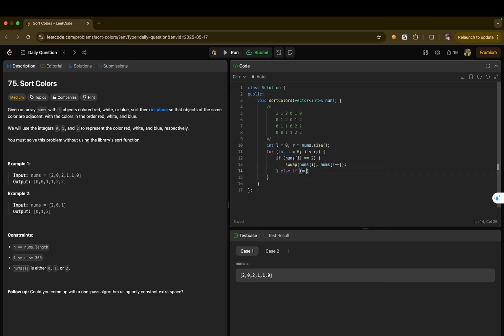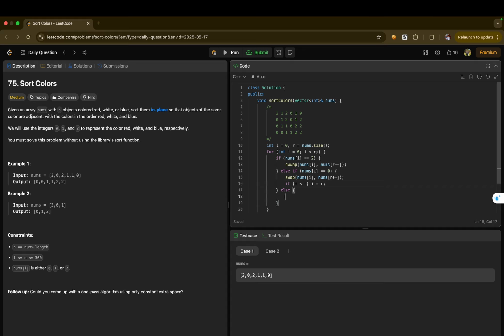Else if nums[i] is 0, we swap it with the left. But we have a case that if after the swap the i is smaller than L, we need to reassign it, because i must be the element in the array that we don't yet have a correct place for.